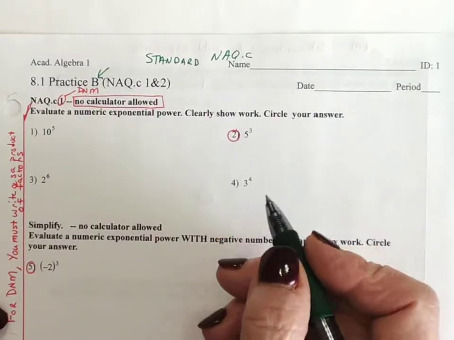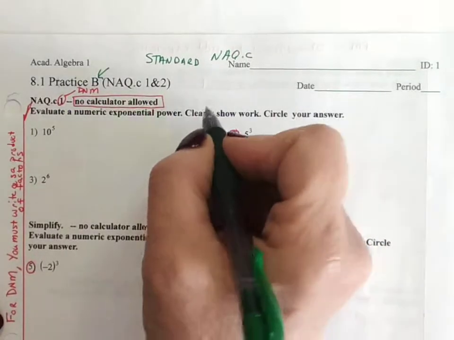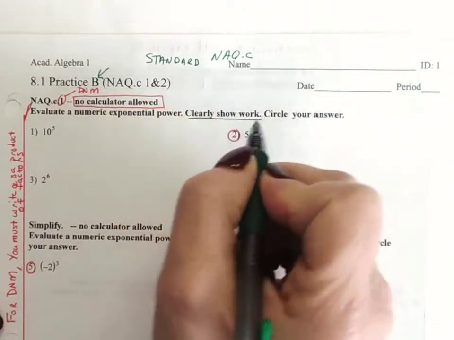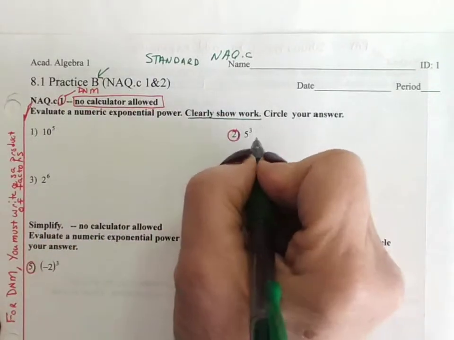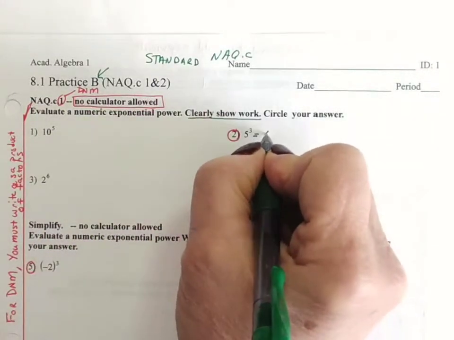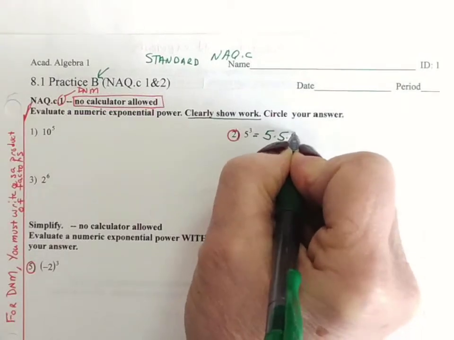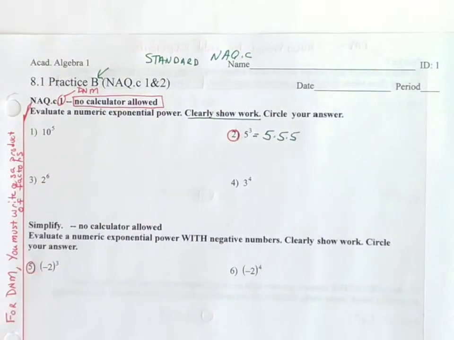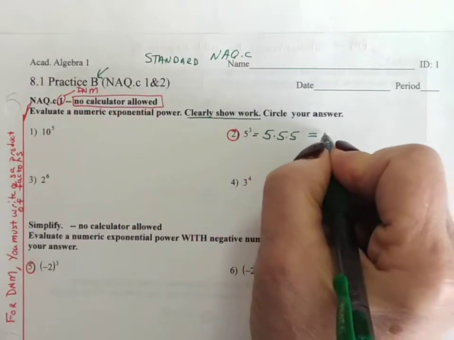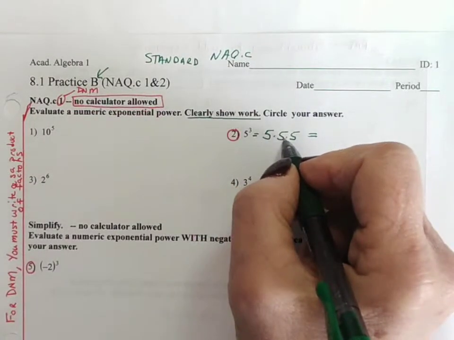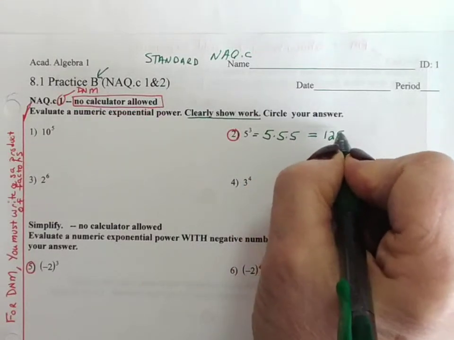We're going to do number 2 together so that you can see how to clearly show your work. For the does not meet, you have to write it as a product of factors, 5 times 5 times 5. And we just did this one. So 5 times 5, 25, times 5 is 125.